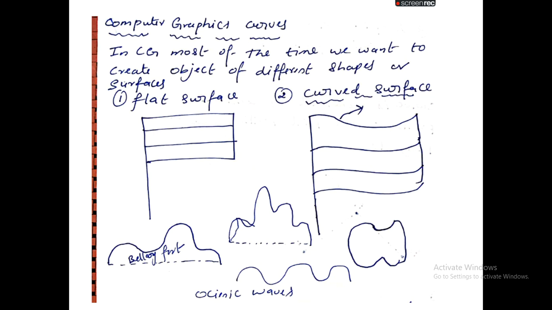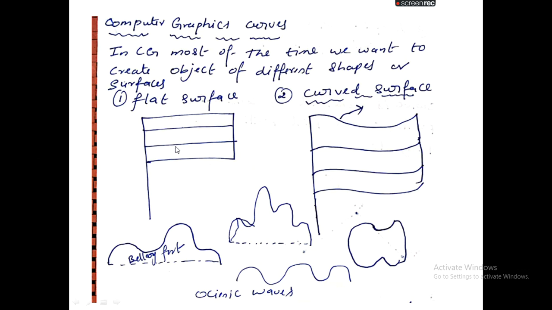But in computer graphics, our object can contain either flat surfaces or curved surfaces. When our object contains flat surfaces, the basic fundamental concepts we learned from module 1 to module 4 are sufficient, because we learned what is a polygon, lines, and points.